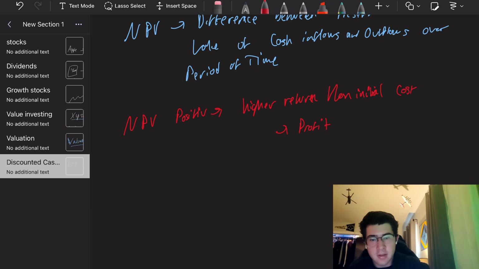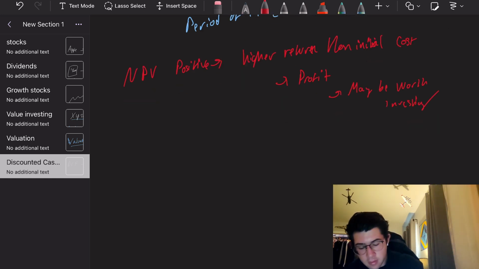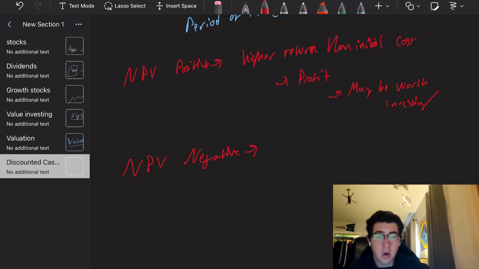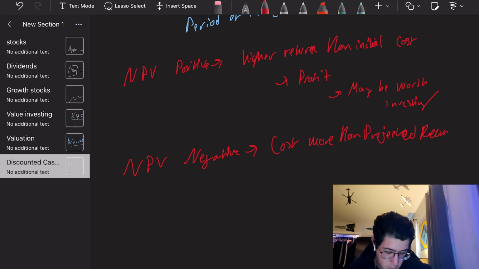Now, obviously, it's not guaranteed, but it gives you a higher chance. Maybe worth investing in. Now, if the NPV was negative, it would indicate that the investment would cost more than the projected return. So probably should not invest.